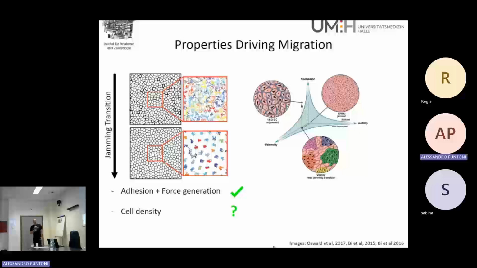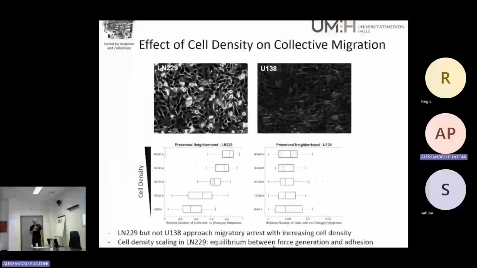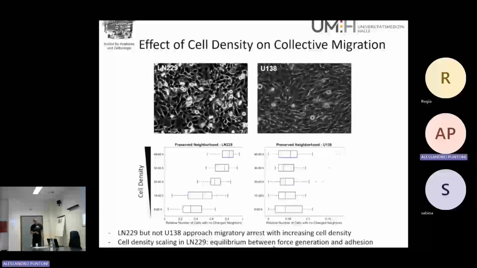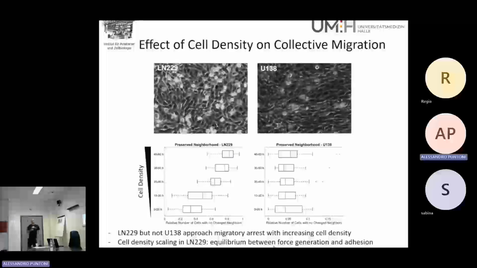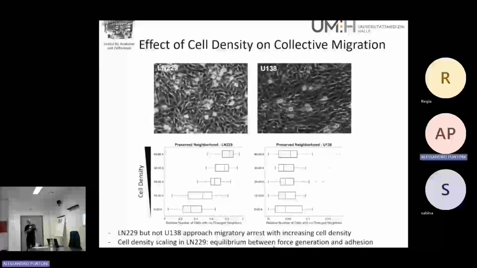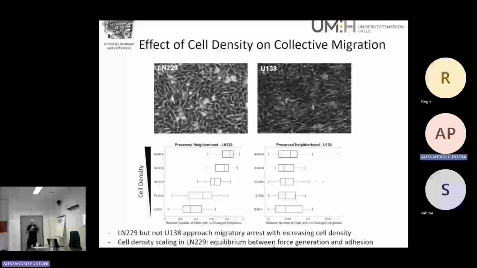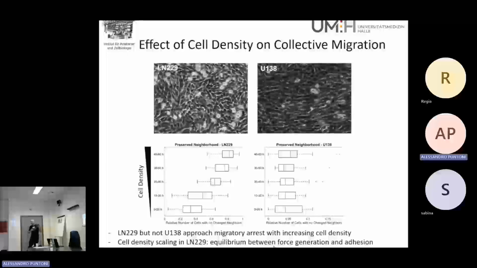So having at least a rough idea about the role of these two factors, we wondered next what role cell density in our system could actually play. Therefore we just simply prolonged our experiments, because this allows cells to proliferate more and thus attain higher cell densities.